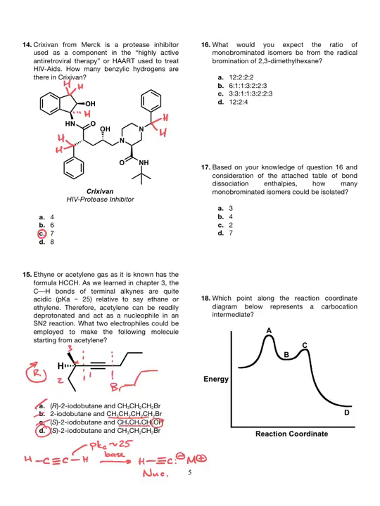So in question 16, it's asking you the ratio of monobrominated isomers from the radical bromination of 2,3-dimethylhexane. So again, just draw out that structure. So we have 1, 2, 3, 4, 5, 6. So 2,3-dimethyl.